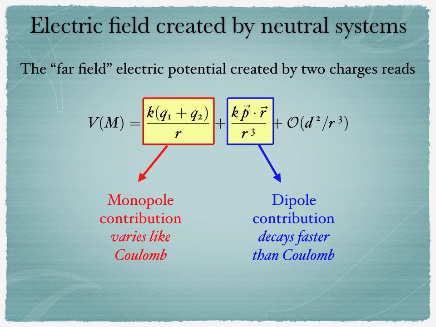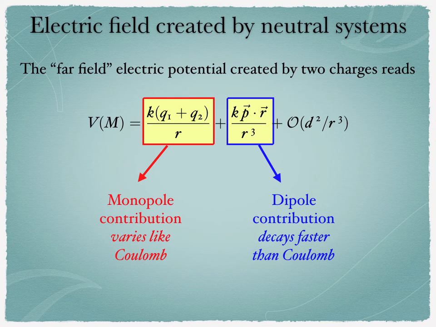Next, the second term we have is the so-called dipole contribution. This decays faster than the Coulomb one because the magnitude of this term is 1 over r squared, and of course it contains the dipole moment.